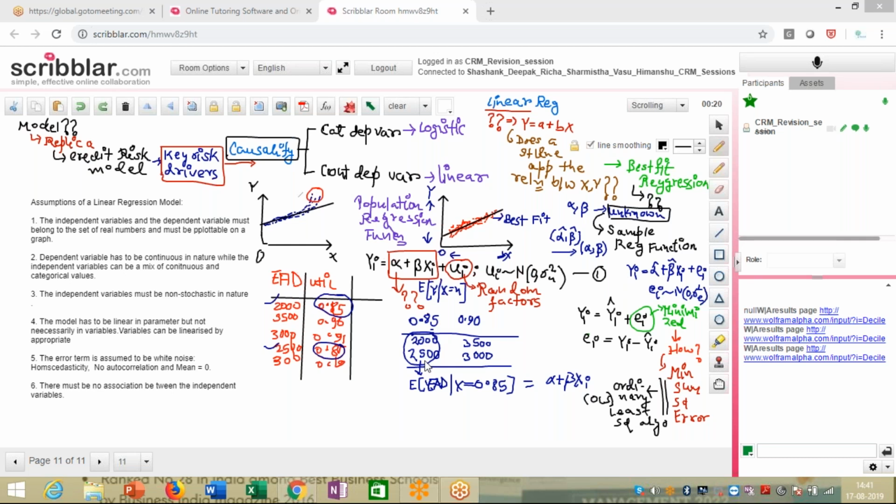Given that it is 0.85, I am taking out the distribution of the independent variable x, right? So given that utilization is 0.85, what is the expected value that y has? When I'm computing the expected value of y, I'm shifting the distribution to y and I am making x non-stochastic.